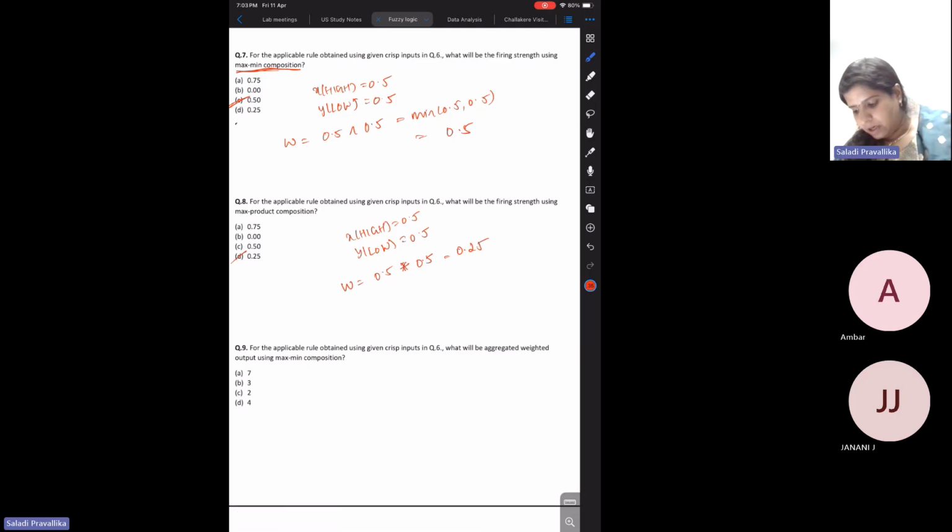Okay. Now, let's look at the ninth question. For the applicable rule obtained using given crisp inputs in Q6, what will be the aggregated weight output using max min composition? So the aggregated weight is something like that's a Z star. Any answers for this?